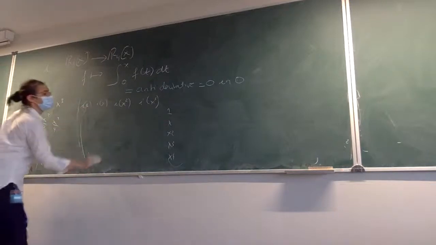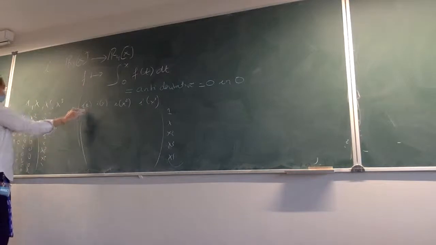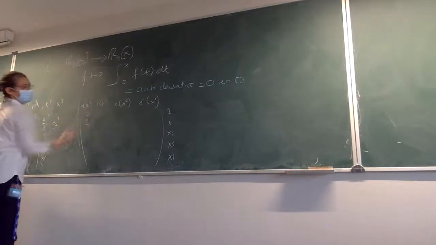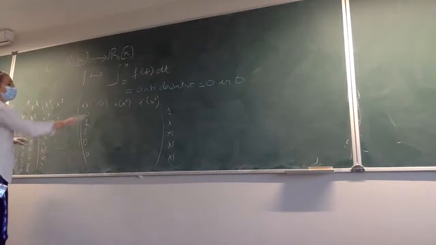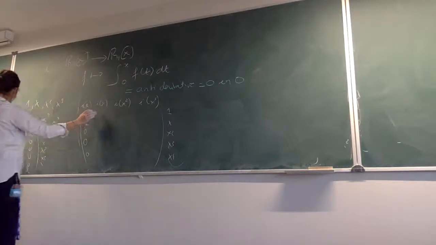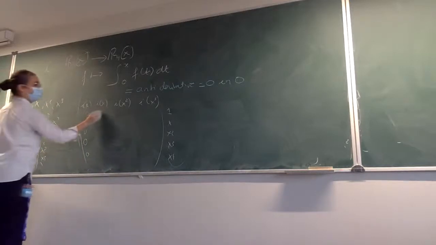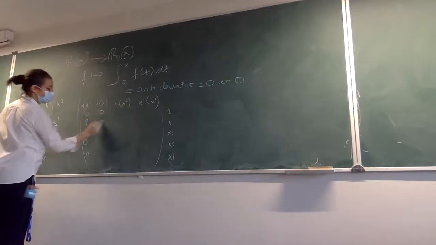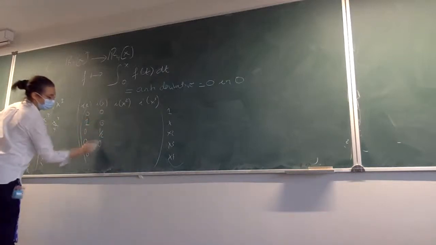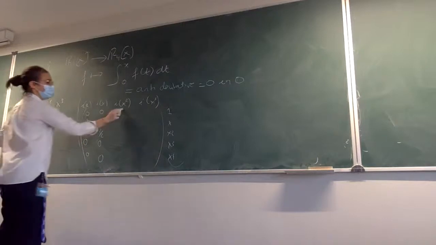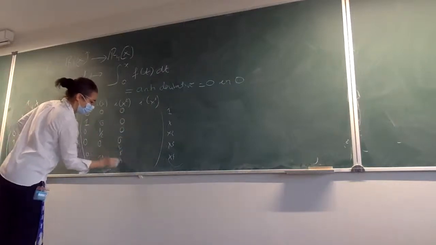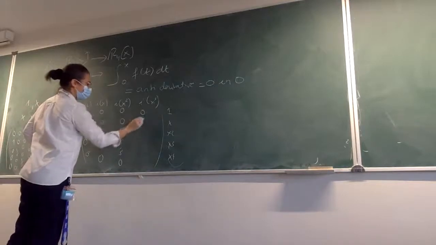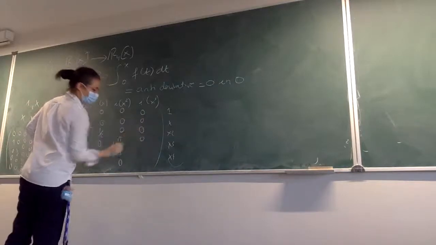So the image of 1 is, we said, 0, 1, X2, X3, X4. The image of X was going to be, we said, 1 over 2 X2. Image of X2 is 0, 0, 0, 0, 1 over 3. And the image of X3 is 0, 0, 0, 0.